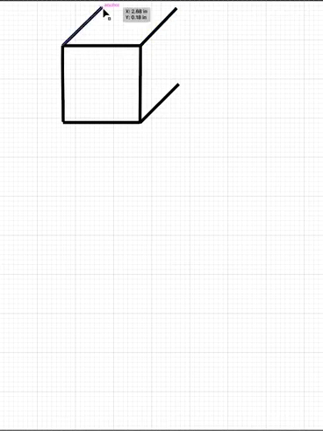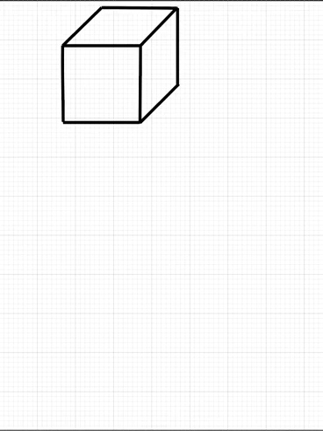Try your best to make these diagonal lines the same angle or degree so that they look similar. And then we're going to close those 2 angles with a vertical and close those 2 angles with a horizontal line. So this is a cube drawn from 1-point perspective.